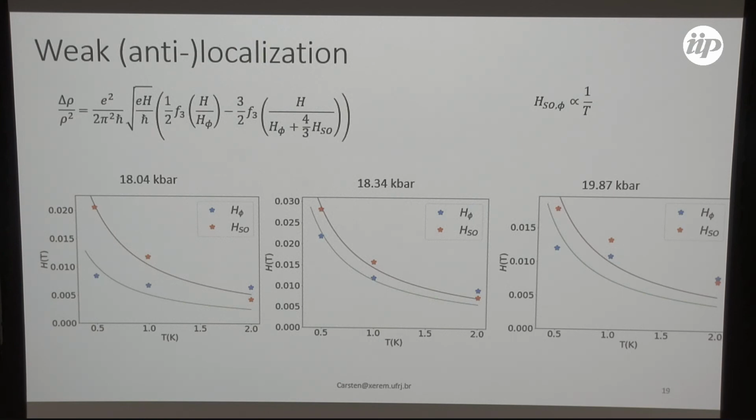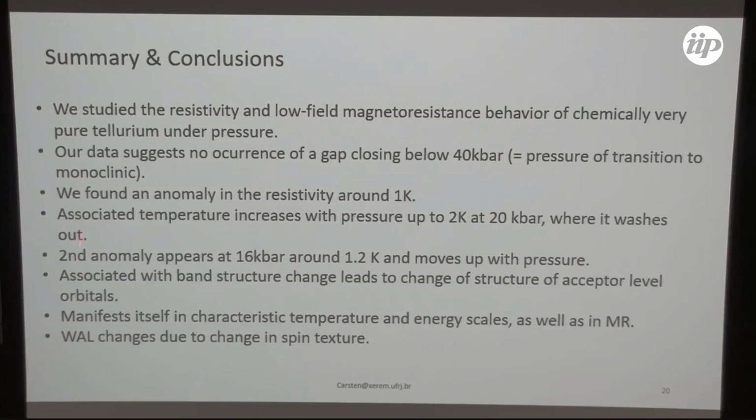I give the last talk today, so you will be very happy to see that I was very quick in talking. So we studied the resistivity and the low field magnetoresistance behavior of our samples, and our data suggests that there is no gap closing, which is something that has been discussed a lot in the literature recently.